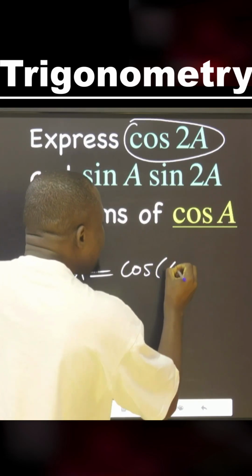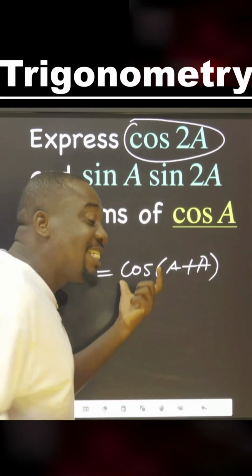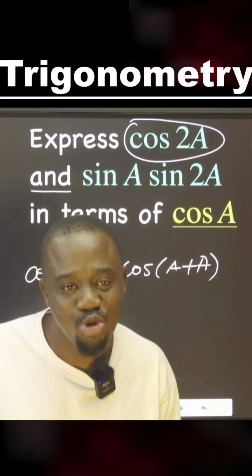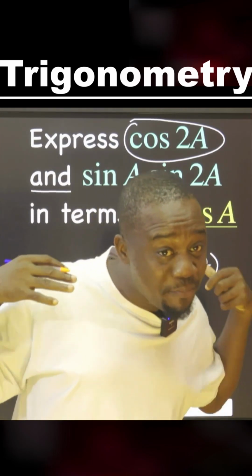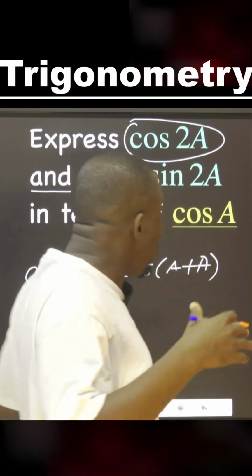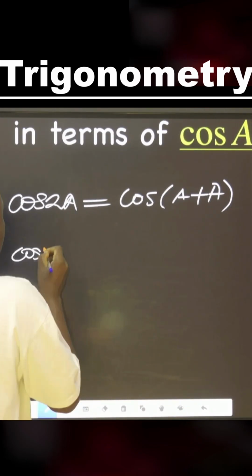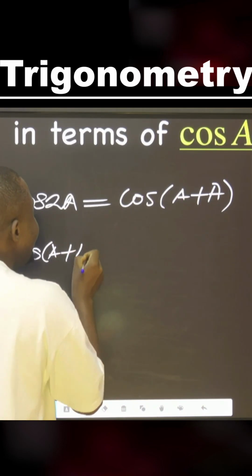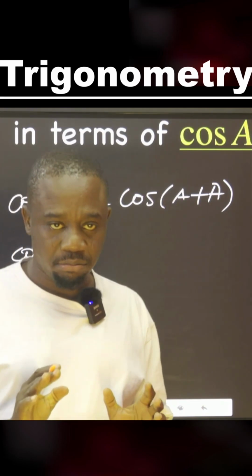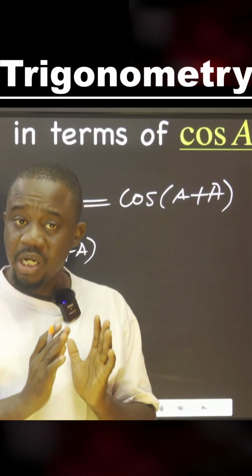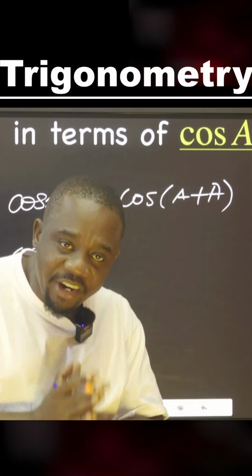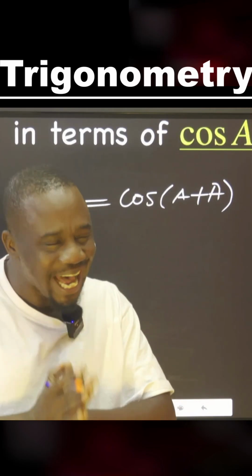cos(A plus A). Is this not a compound angle that I just explained in the previous video? The formula. What does the formula say? The formula says that if it involves cosine, normally it should be a sharing between cosine and sine.